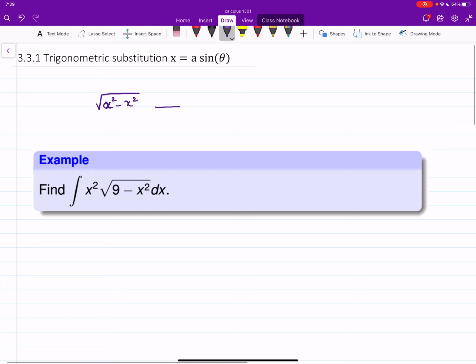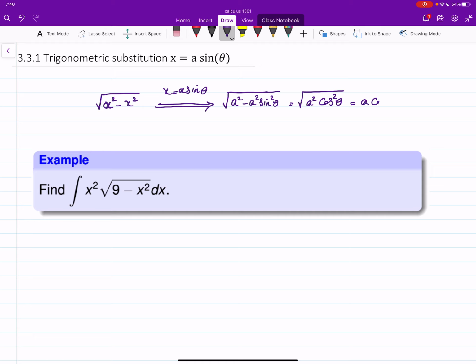The whole point of this substitution is that a squared minus x squared will turn into a squared minus a squared sine squared theta. Then you just factor out a squared, and 1 minus sine squared is the same thing as cosine squared theta. And that is how the substitution helps us get rid of that square root.